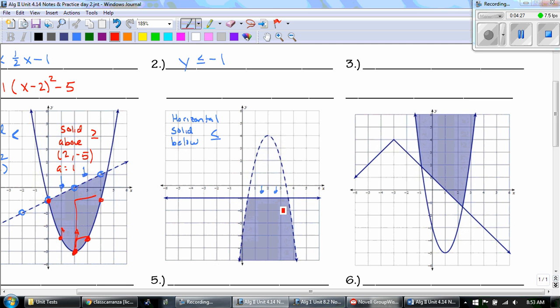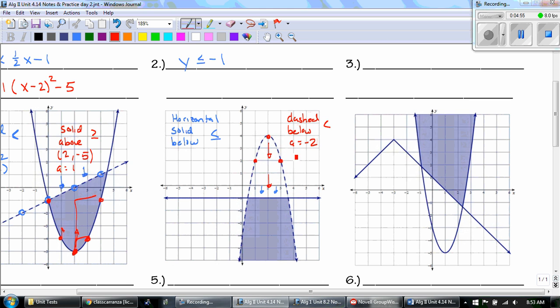Okay, now for our parabola, the first thing that I noticed is that it is dashed, and they shaded below. So dashed and below is less than. We need to figure out what our pattern is, and it's not 1, it's the 2, but it's a -2.